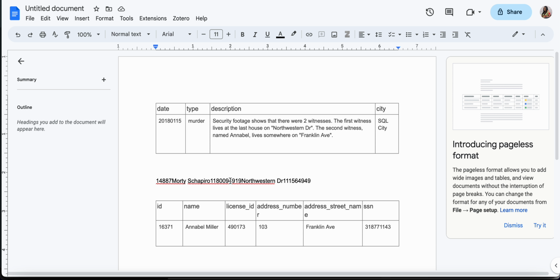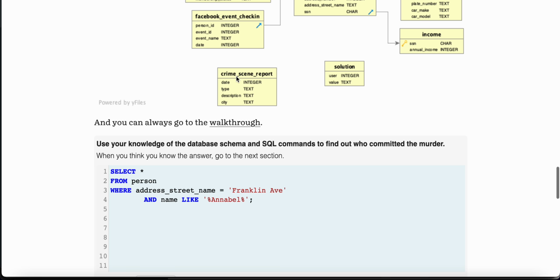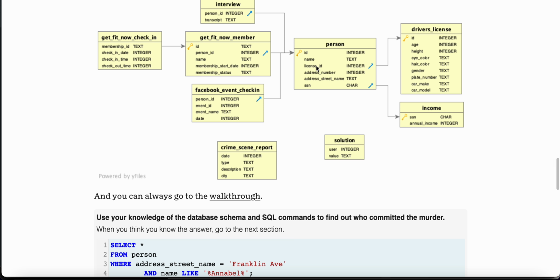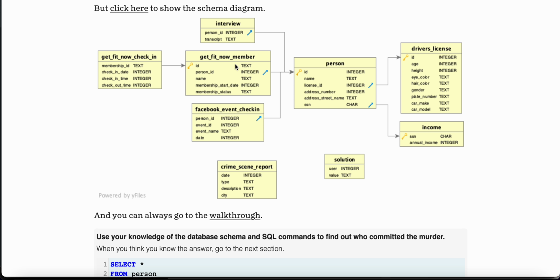Let us find out further details on Morty. Who is Morty? What is Morty? But to find out further details on Morty, we will have to go to this table. Now, who is Morty? What does Morty do? So this table is joined with interview, get fit now, and driver's license, and then income.